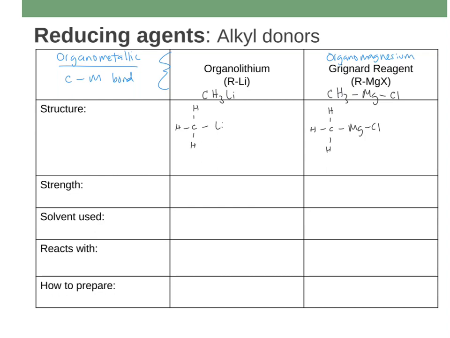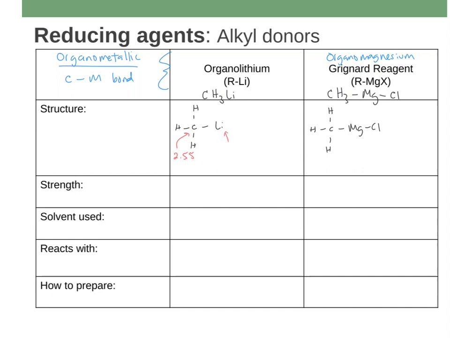The reason why I'm drawing these out is, one, to show you the covalent bond between the carbon and the metal, the lithium on the left, magnesium on the right. But I want to emphasize that while they're mostly covalent bonds, they are darn near ionic. If I look up the electronegativity of carbon, it's 2.55. You may have a different table, since these values might vary depending on who did what research, but around 2.55.